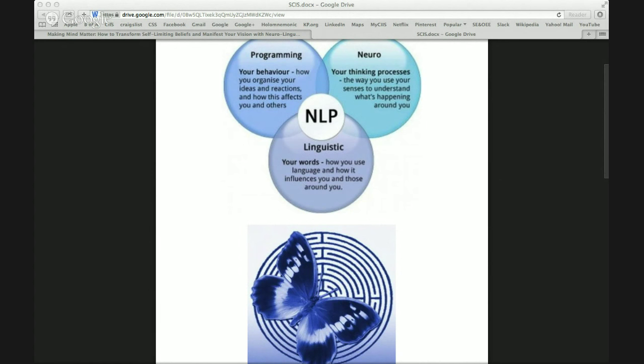But when you break it down into its components, you see that it's actually very clear.